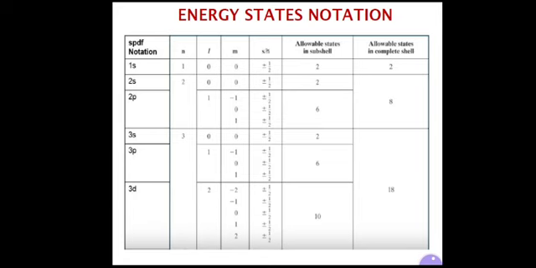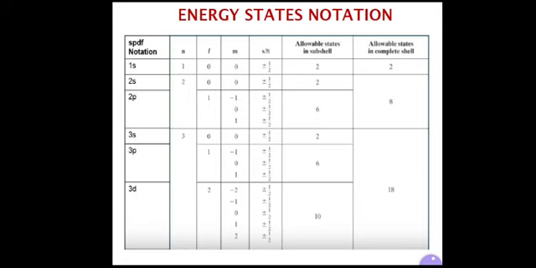So for example, here for n equal to 2, L has 0 and 1, whereas M has, for 2s it is 0, for 2p it is minus 1, 0 and 1, and S has plus or minus half everywhere.